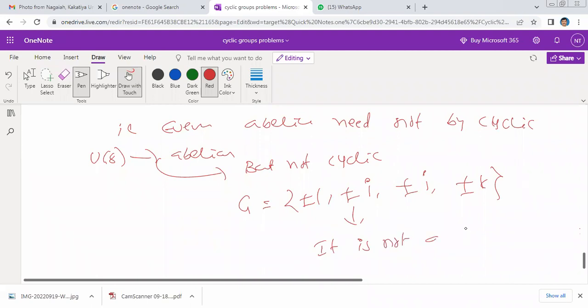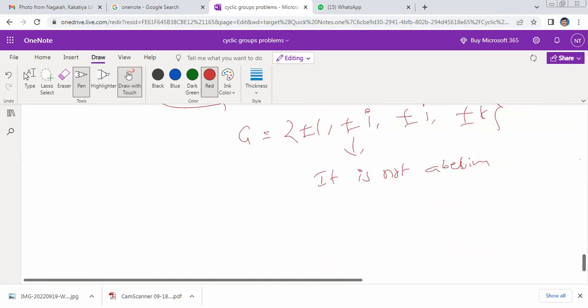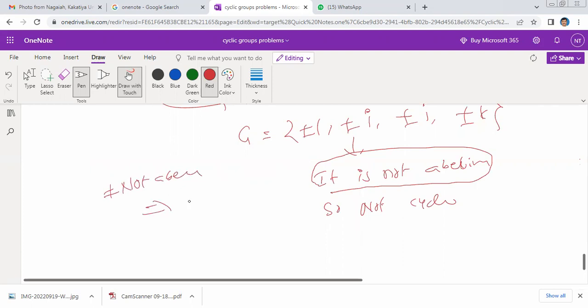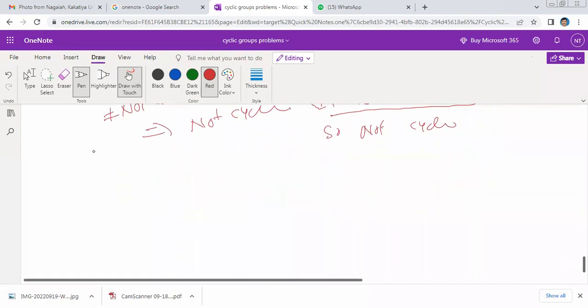Not abelian implies not cyclic. We can give so many examples like this.